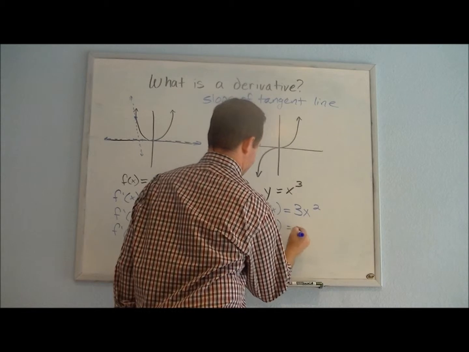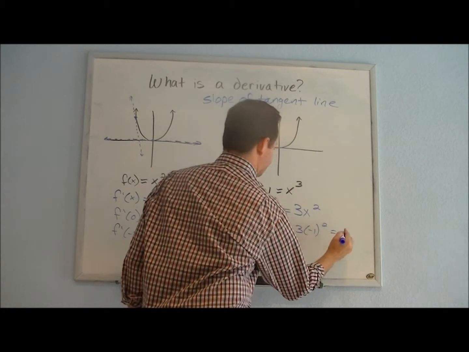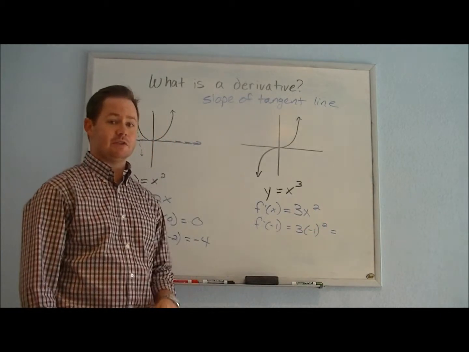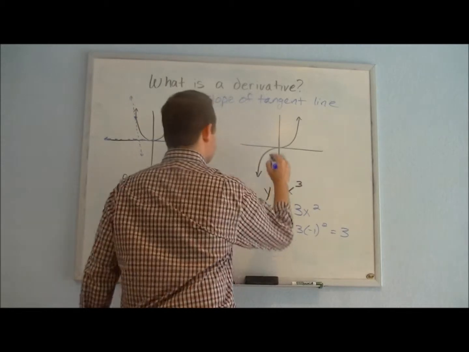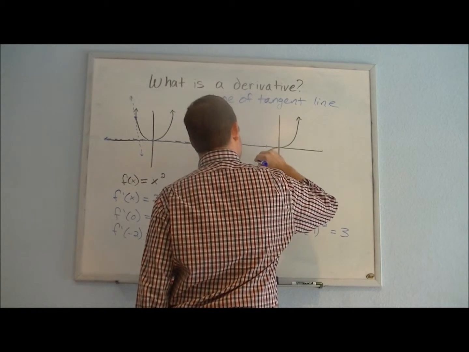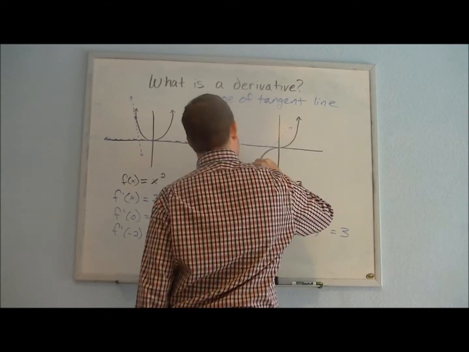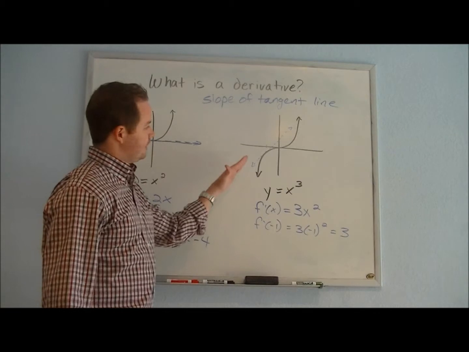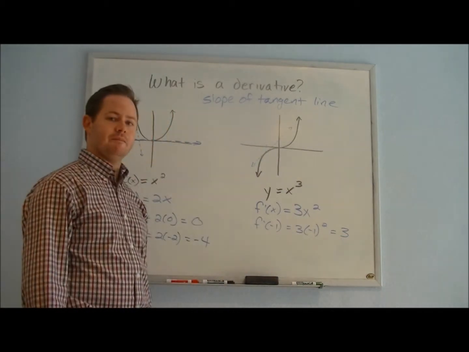So that would be 3 times -1 squared. And -1 squared gives us +1, times 3 gives us 3. So at -1, if we take the derivative at that point, that tangent line is going to have a positive slope, and the value of that slope would be equal to 3.